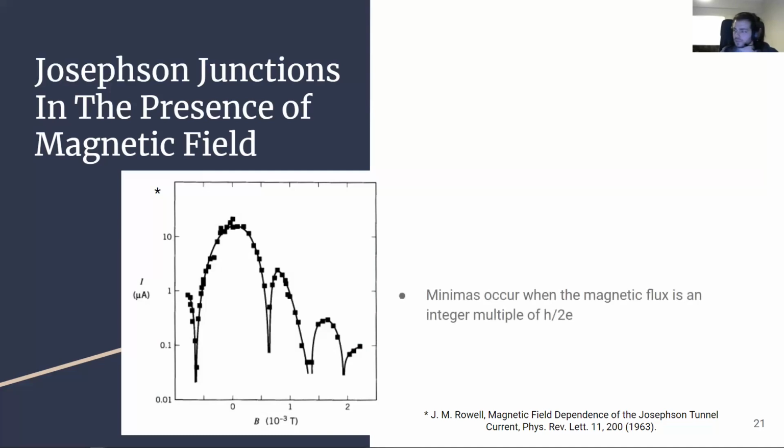Where the minima occur, the magnetic flux is an integer multiple of h/2e. Can you recall that? This is the magnetic flux quantum, and that is no coincidence.